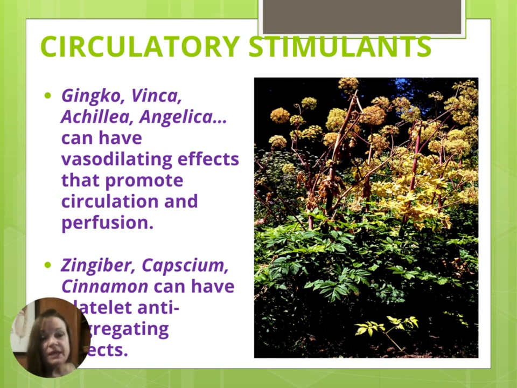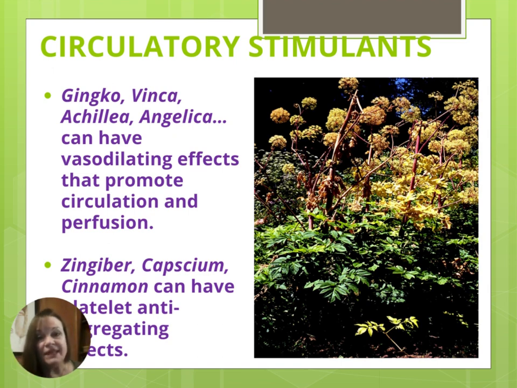Circulatory stimulants would fit the idea of a blood mover in China. Things like ginkgo, vinca, achillea, that's yarrow, angelica, that's dong quai, are some of the classic blood movers of China that stimulate circulation and oxygen delivery about the body. And modern scientific research shows that many of these are indeed vasodilating, opening up the blood vessel aperture.